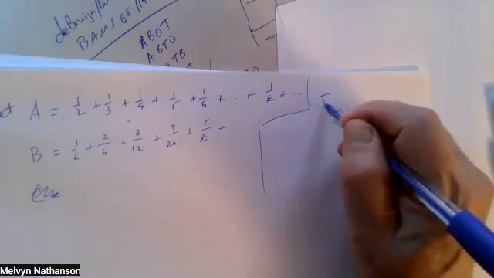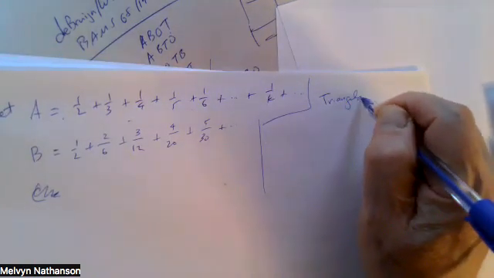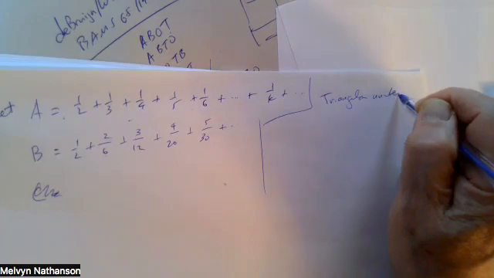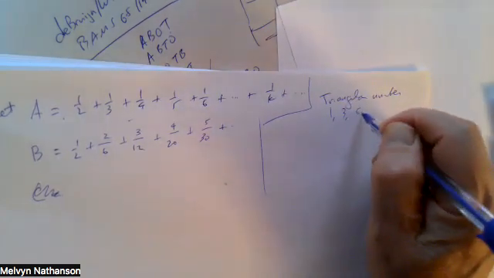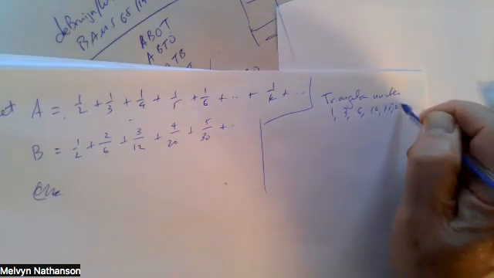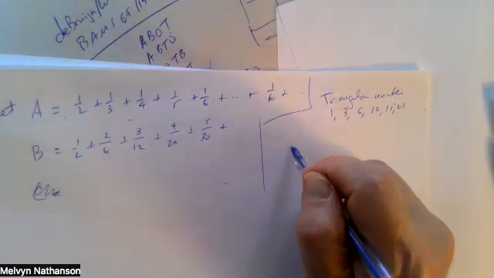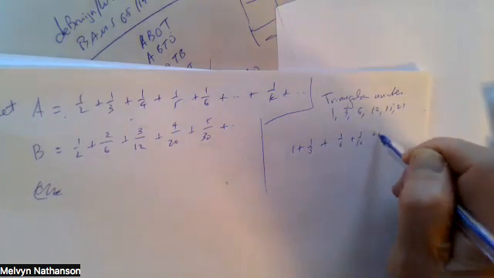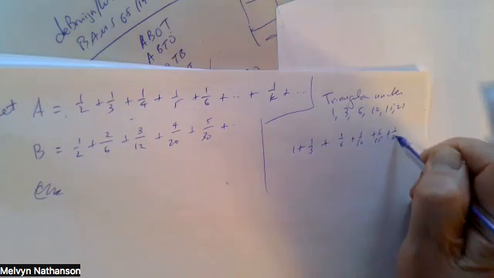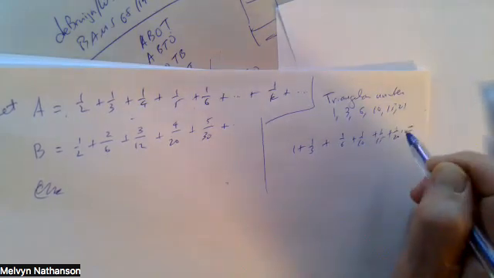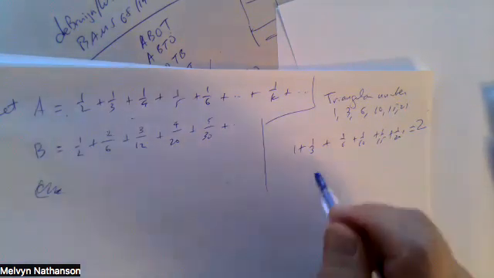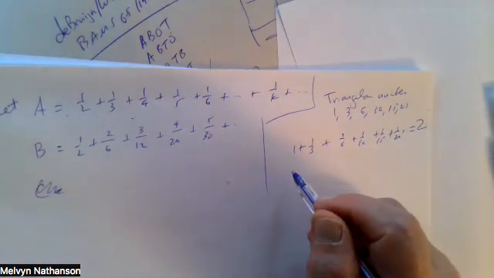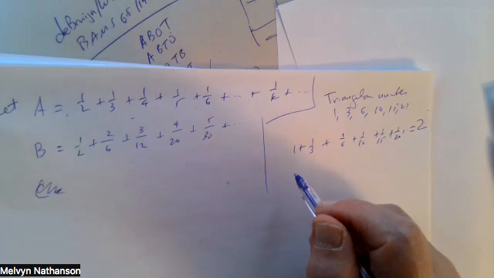Remember we have the triangular numbers, 1, 3, 6, 10, 15, 21, and so forth. And the sum of the reciprocals, 1 plus a third plus a sixth plus a tenth plus 1 over 15 plus 1 over 20 and so forth, was equal to 2. So if I subtract 1 from both sides, no, that's okay. Let me just leave it like that. Divide by 2.